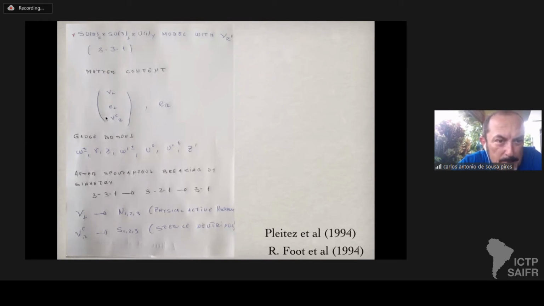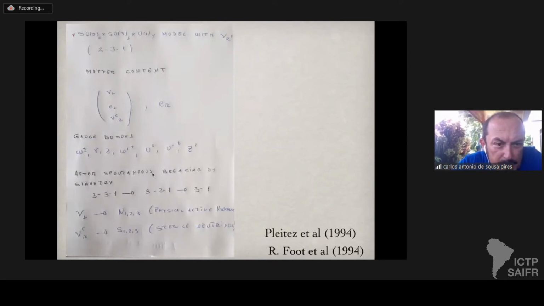So you have the right-hand neutrino here, and the new gauge bosons are a W prime, a charged one, two new non-Hermitian neutral gauge bosons, and a Z prime. These are the new ingredients of the model. Here are the standard mediators.